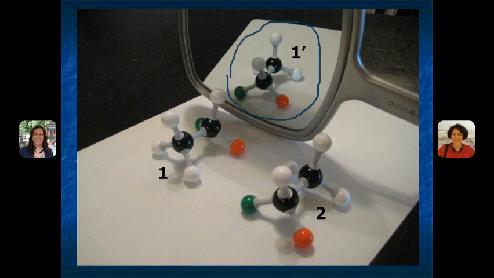This atom is the same as that, and this one in the front is the same, and then you've got the orange one here on the right, and it's on the right on this one, and you've got the green one on the left, and you have the green there. So everything is the same between those two. The mirror image of number 1 is the same as the enantiomer of number 1.